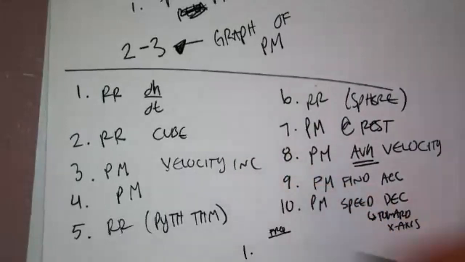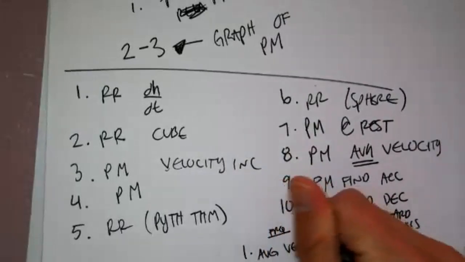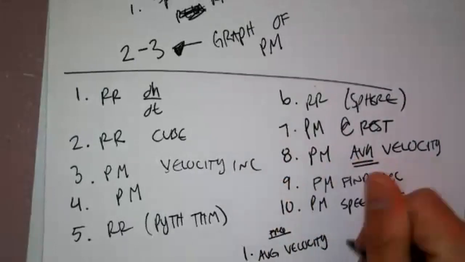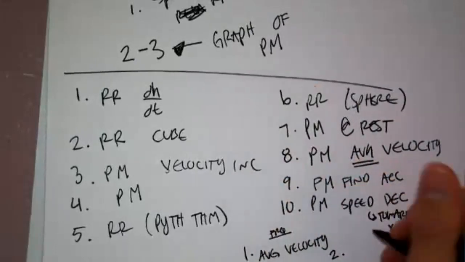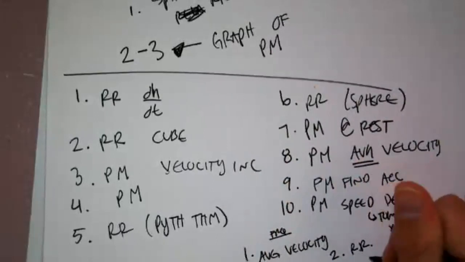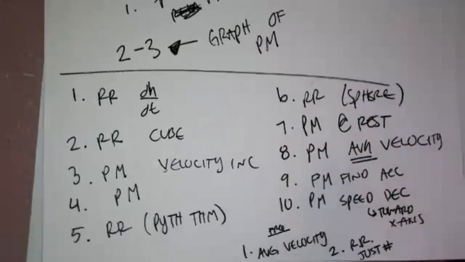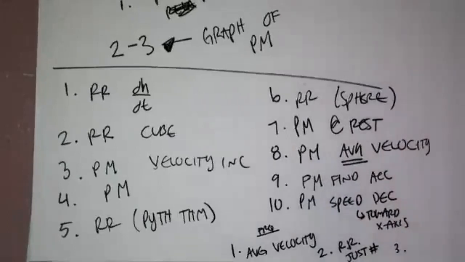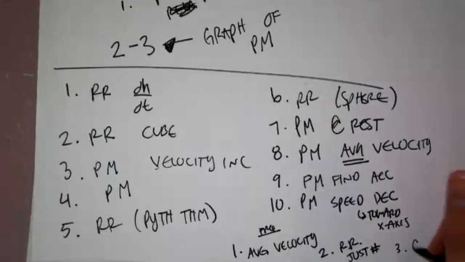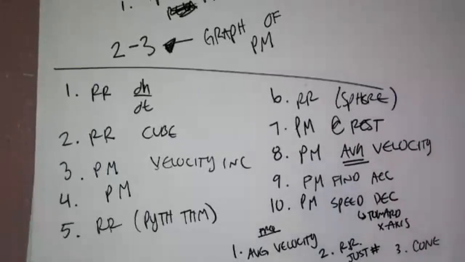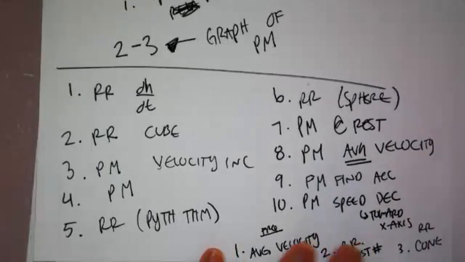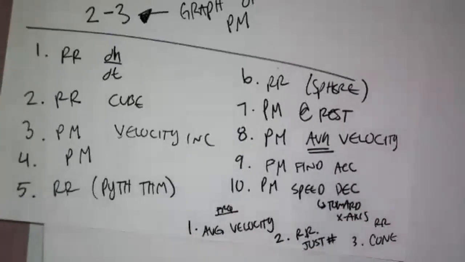In the FRQ, we have an average velocity, then a related rates that is just numbers, so it's not a word problem. It gives you the function and says find dx/dt when dy/dt is given. It's not real life, it's just numbers. And the last one is a cone. You zoom out. It might be easier to come take a picture of it because I can't zoom out all the way. Let me try.